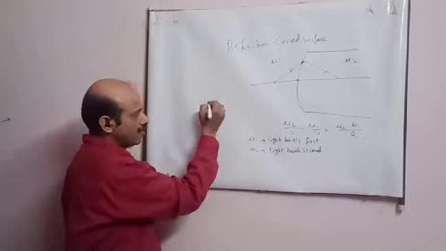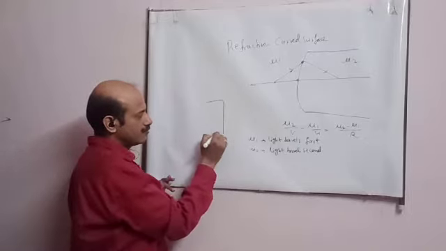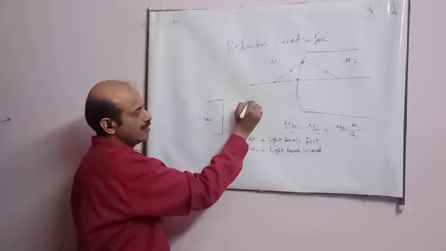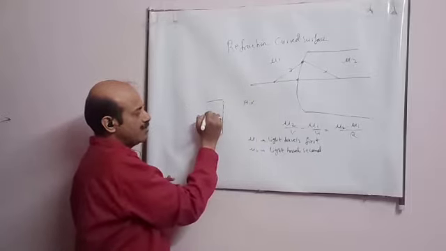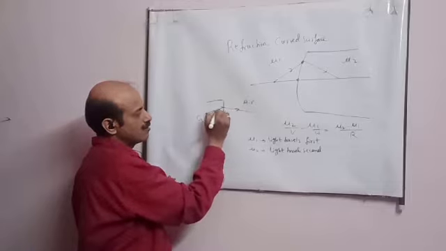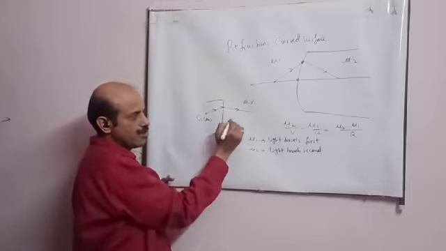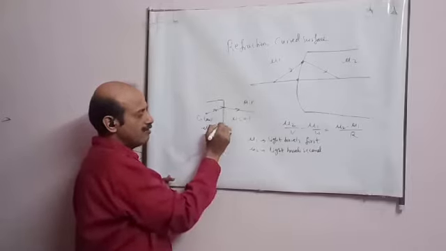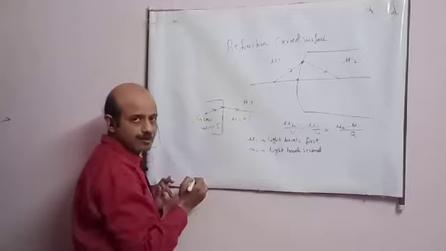Suppose I have a glass here and this is air, and the light starts from here and then goes to glass. So in this case, student, mu2 is glass, 1.5, and mu1 is air, 1. I want to explain the meaning of this formula.